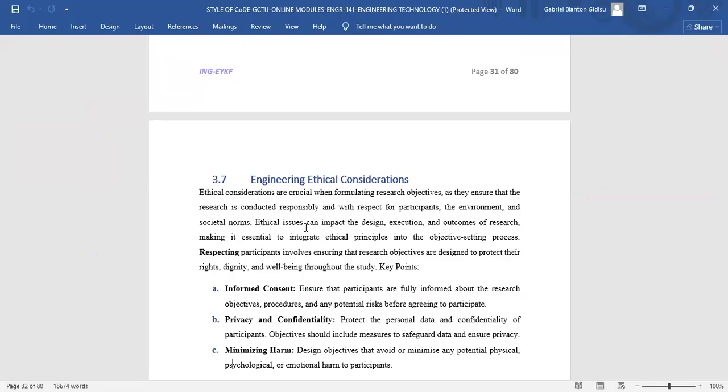So we come to engineering ethical considerations. Privacy and confidentiality, minimizing harm. So you are producing fruit juice. The fruit juice that you are producing, there's no fruit in it.